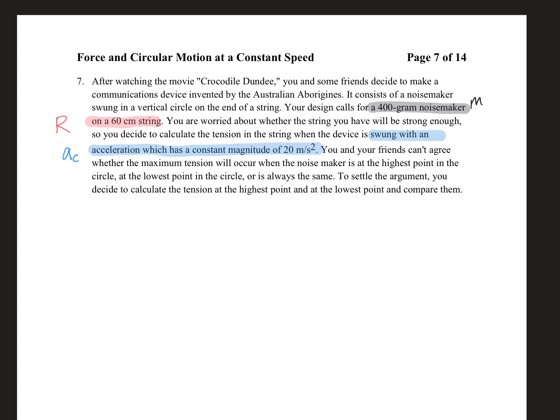And so swung in a circular path, because there's an R there, that means this is not just any acceleration, it's centripetal acceleration. Of course, we're also dealing with circular motion, so we would expect that there's always going to be a centripetal acceleration involved. And then you and your friends can agree where the maximum tension is.